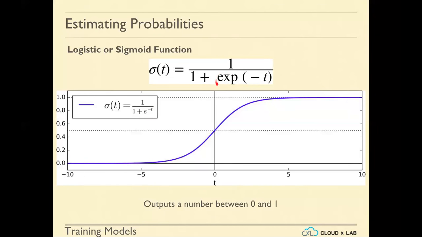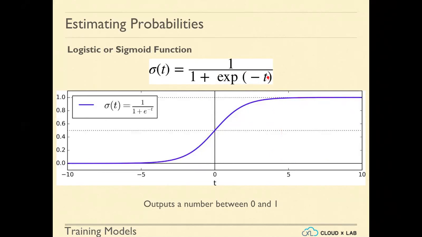If you put a power of something negative and really big, this number becomes very small. When this number becomes very small, this will become 1 by 1, that means 1. So if t is really big, then the outcome is going to be 1.